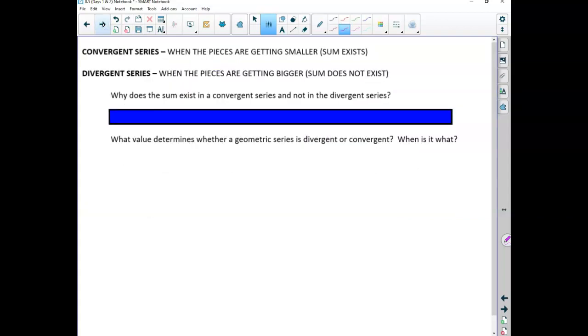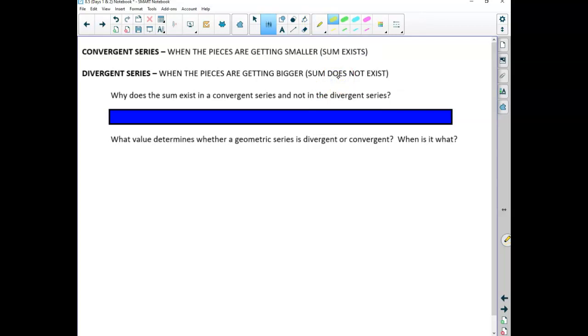So this is going to make us talk about a convergent series and a divergent series. A convergent series is when our pieces are getting smaller. The further down in line you are, the smaller piece of pie you get. That is called a convergent series.